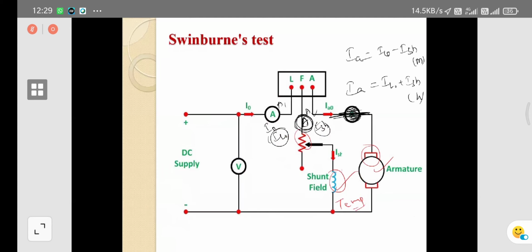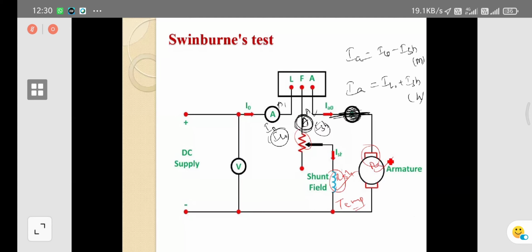When the motor is loaded, this increase in temperature will affect their resistances. Every winding has a resistance, like R shunt and RA.